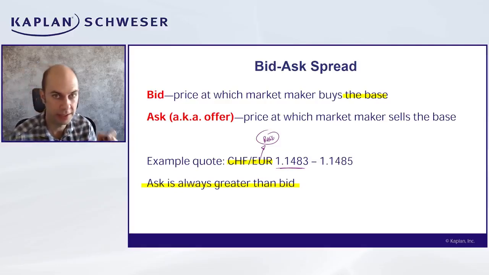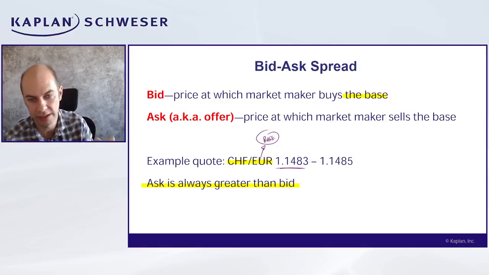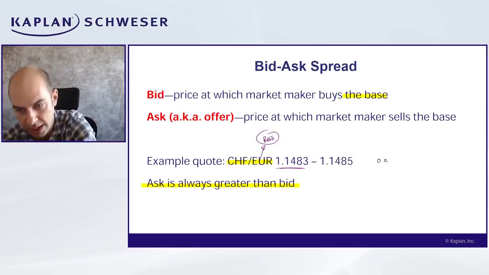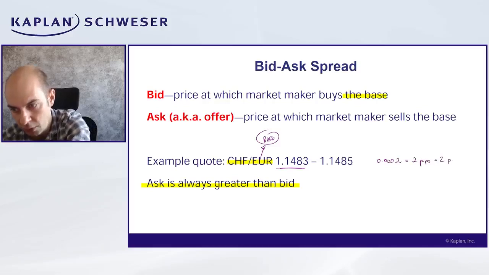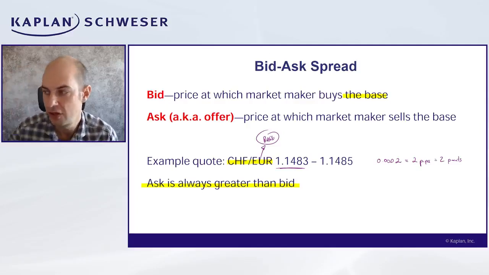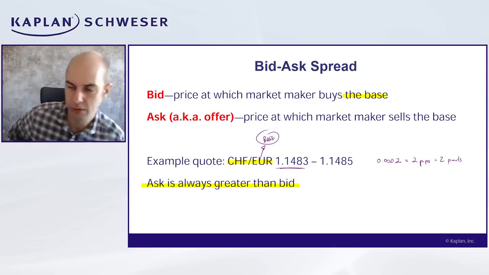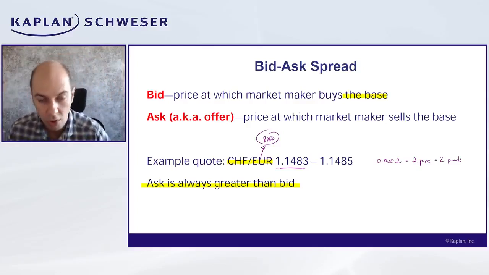Notice how the second quote is higher than the first by 0.0002, which is equivalent to 2 pips or 2 points, and that is the spread. That's basically the commission they're charging you, the profit they're making on each trade.